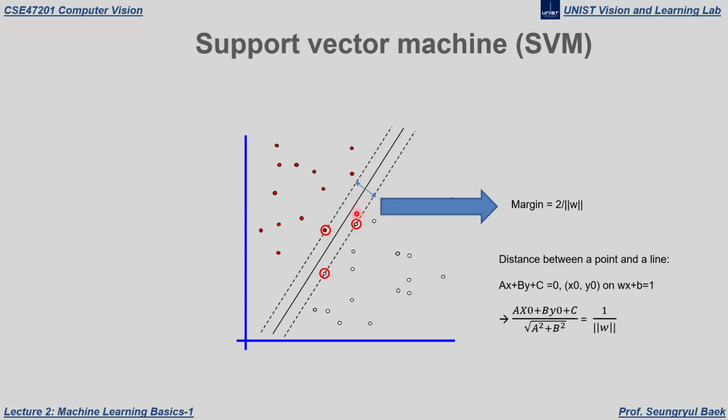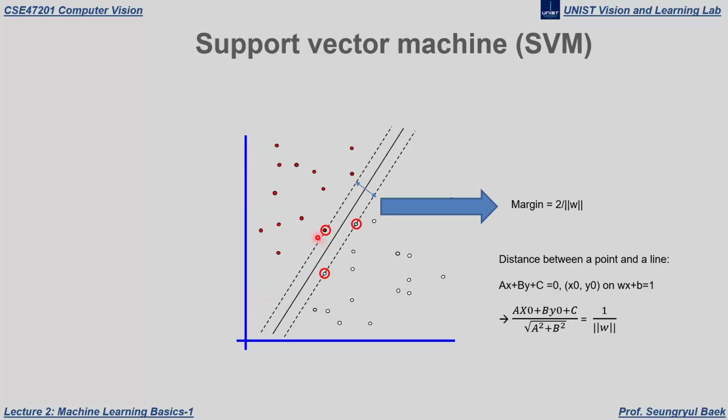I believe you already learned the formula that calculates the distance between a straight line and a point. If this is the straight line, and some point is lying on this line, this is Wx plus b equal to 1, okay?